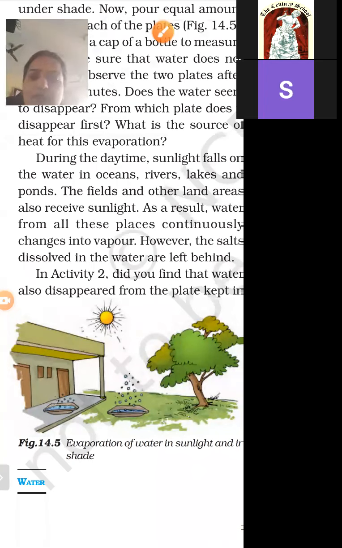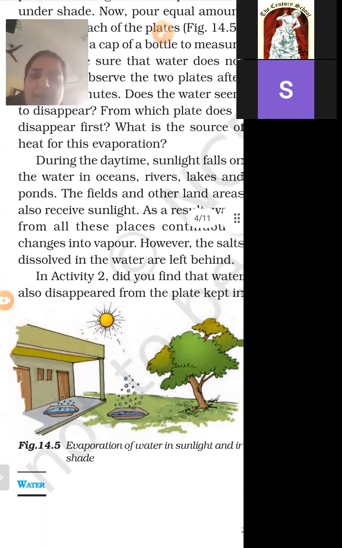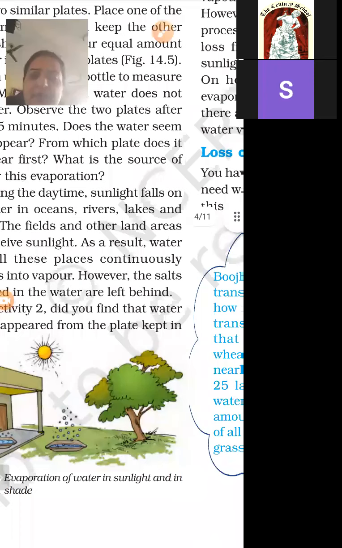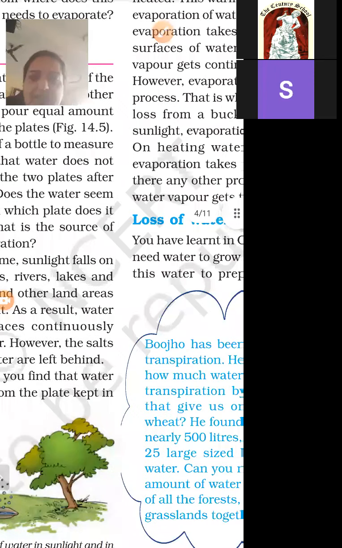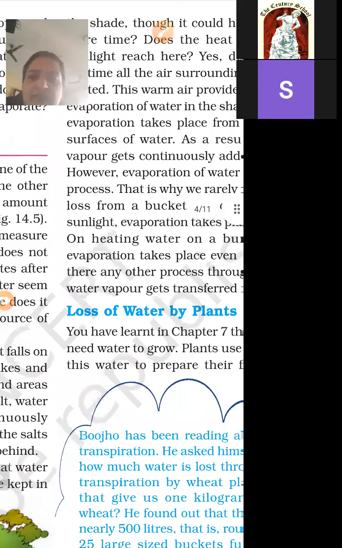So on which factor does evaporation depend? The amount of sunlight. If the amount of sunlight is greater, then evaporation will be faster. So evaporation depends on the amount of sunlight or heat.